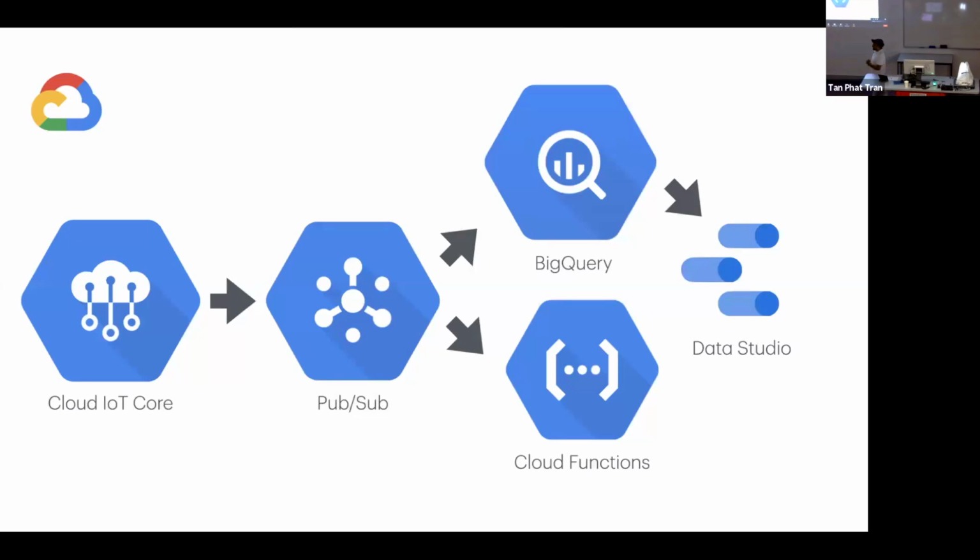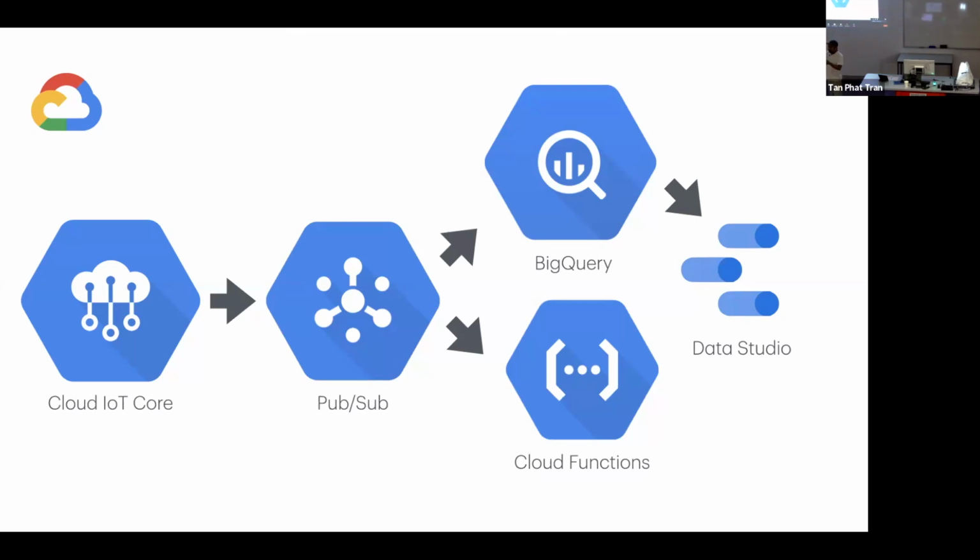For the server side, we used Google's Cloud IoT Core as an entry point where all our Arduinos send data using a protocol called MQTT. Cloud IoT Core was connected to the PubSub service, which is another message broker, which would then send all the data to BigQuery, which is a table, and then a cloud function.